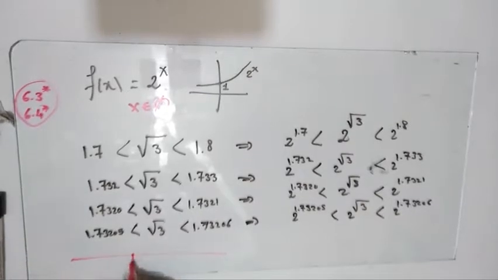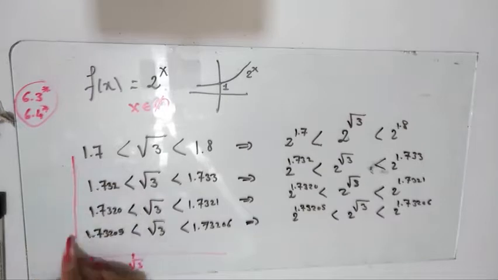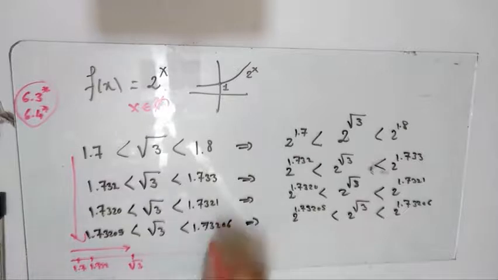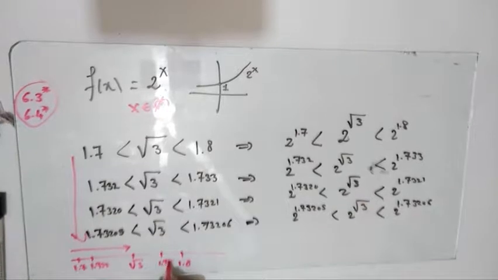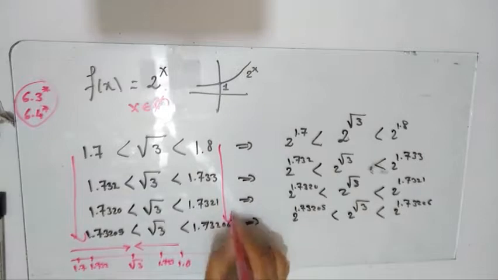Square root of 3 is somehow here, and then here 1.7, and then 1.732, 1.7320, and in this way you're approaching square root of 3 from the left-hand side. And here 1.8, and then here 1.733, and so on. Here you're approaching square root of 3 from the right.